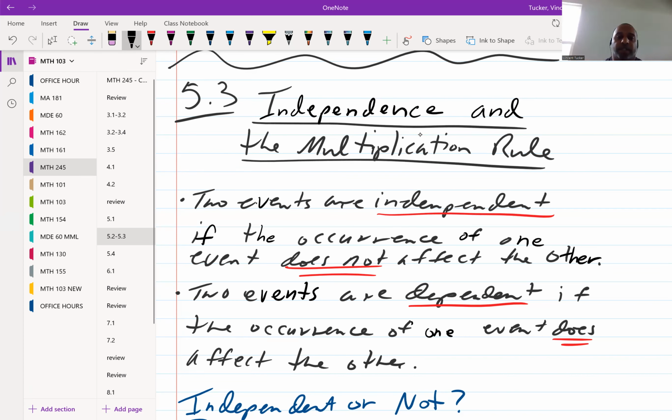All right, two events are dependent if the occurrence of one event does affect the other.